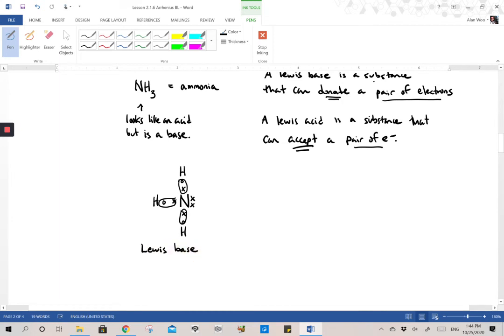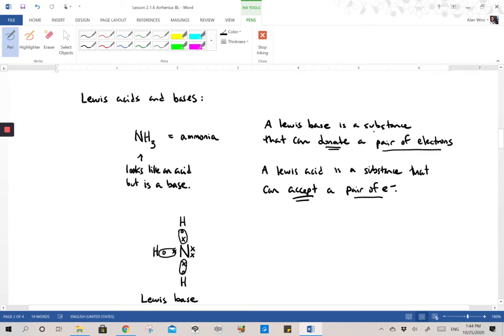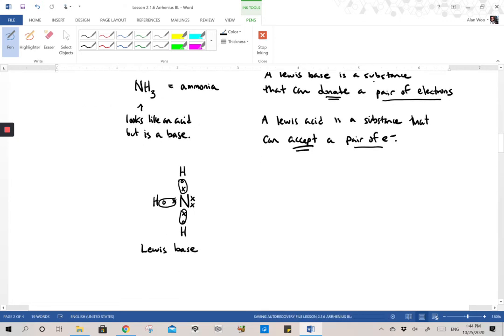And according to Lewis bases, they're willing to donate a pair of electrons. The pair they're going to donate, as you would already suspect, is this pair right here. Ammonia is willing to donate a pair of electrons to another substance that perhaps is looking for a pair of electrons.